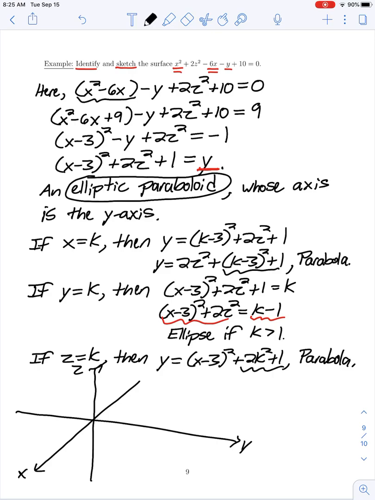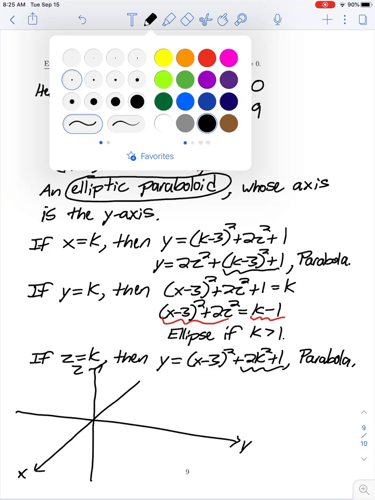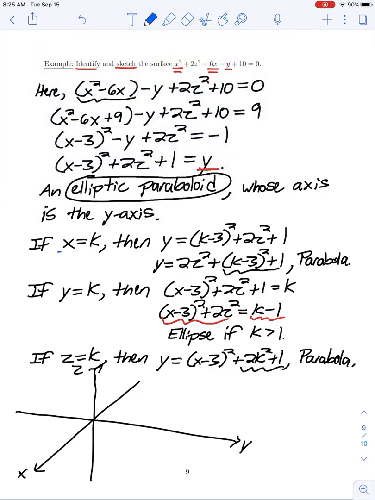So first off, in the YZ plane, let's think about what we might have, or planes that are parallel to the YZ plane. So here we would have, if x is equal to a fixed value of k, something of the following form, which would be a parabola.